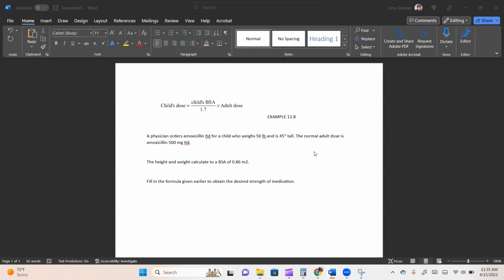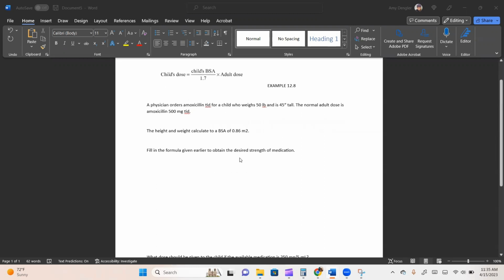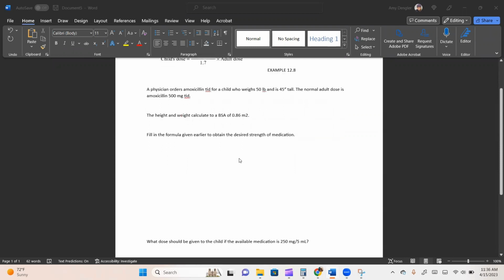Example 12.8, we're using this formula up here at the top. The child's dose is equal to the child's BSA over 1.7 times the adult dose. So you're going to use the nomogram that's given in the book and locate it. But they've actually already given it to us in this problem. I don't think you should have to calculate any on your own.